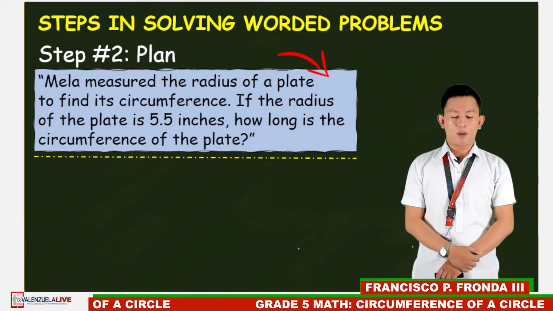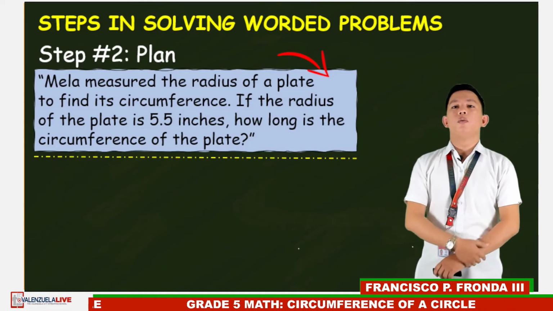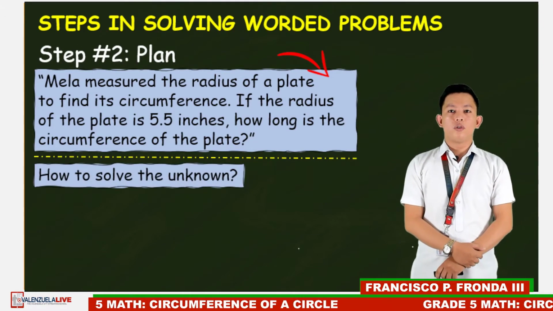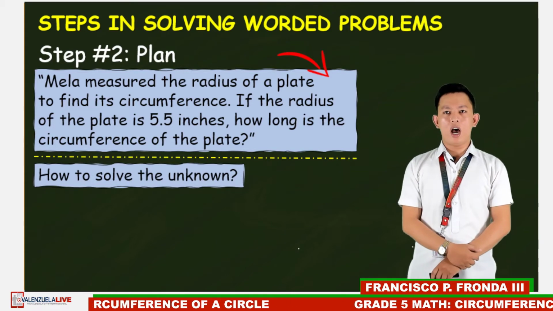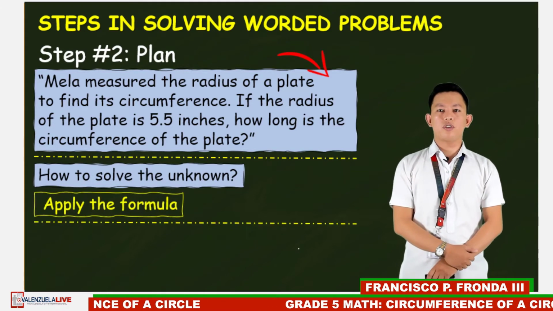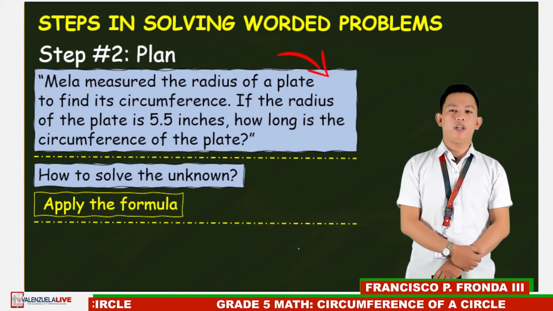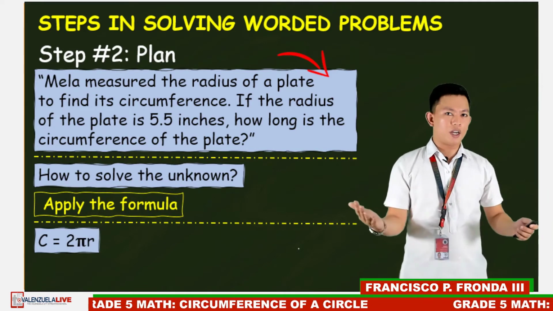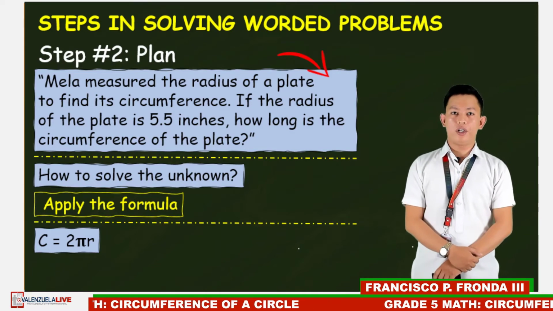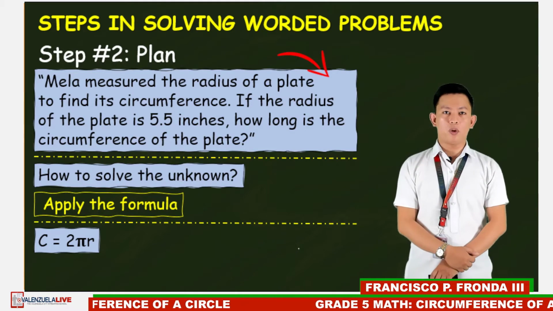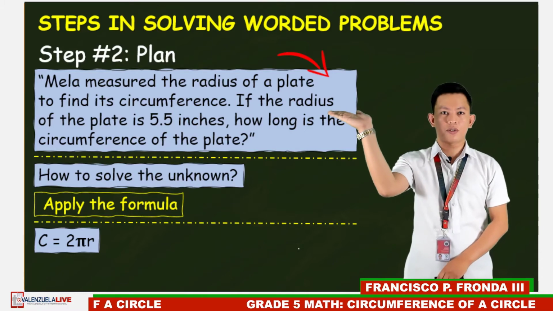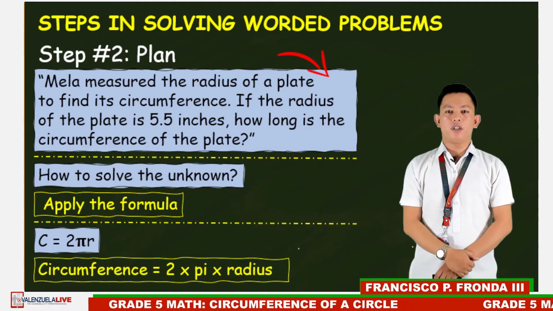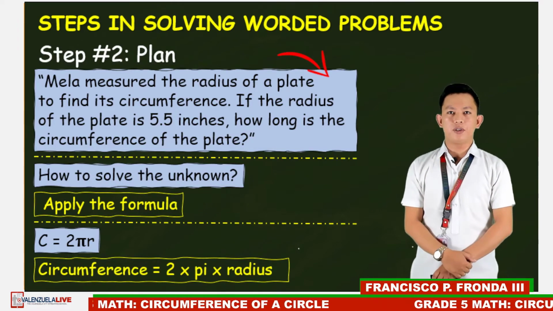And step number 2, you're going to plan the problem, or how to solve the unknown. So, apply the formula. And this would be the formula that we're going to use. Why, grade 5 learners? Because, according to our given, this should be in the form of radius. Okay, now, this should be circumference is equal to 2 times pi times the radius.